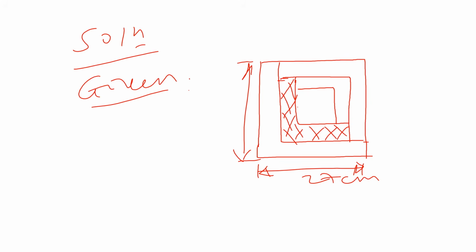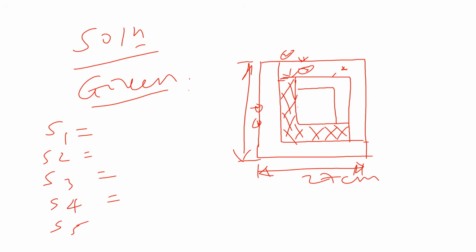To solve this, we have to follow the steps. First, we have to know the squares: square 1, square 2, square 3, square 4, and square 5. Let's take this as square 1, this as square 2, this as square 3, this as square 4, and this as square 5.